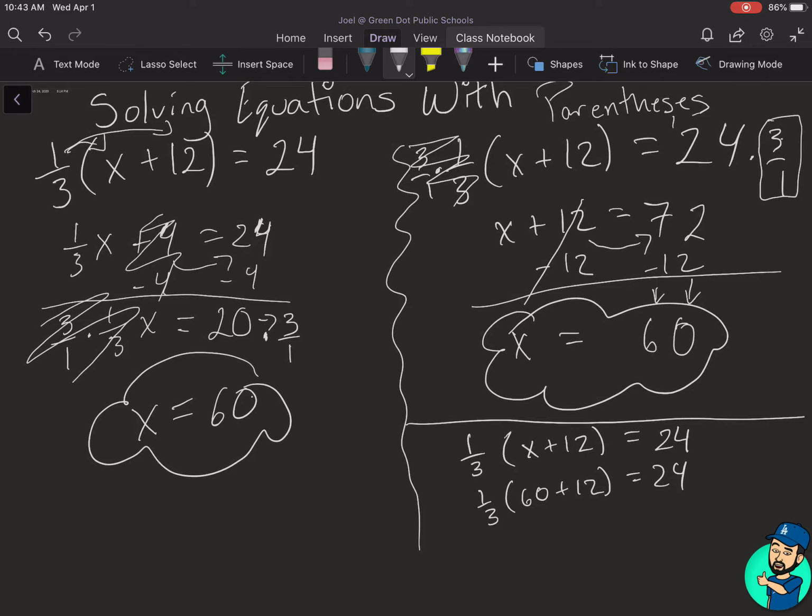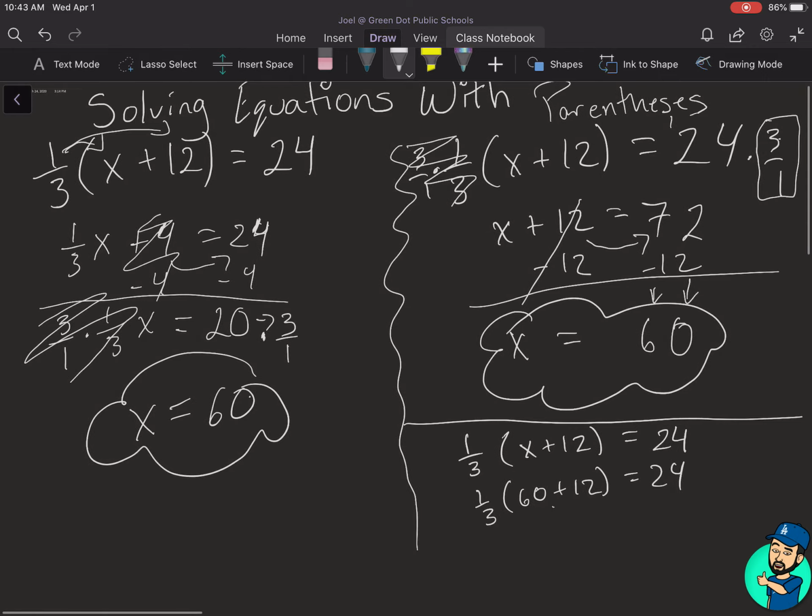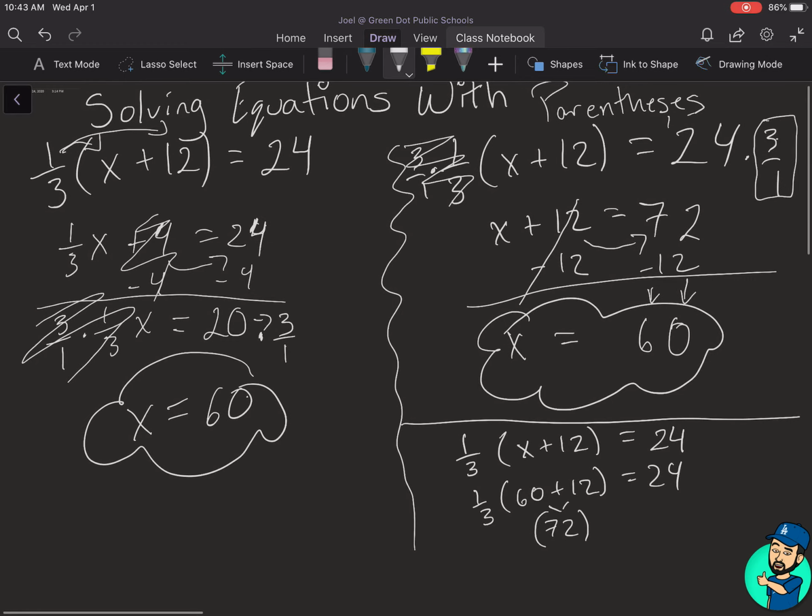So I'm going to add 60 plus 12, which is 72. Copy and paste everything else down. Now multiplication is next. So 1/3 of 72, or 72 divided by 3, is 24. Does 24 equal 24? Yes. So now we know that x does equal 60.